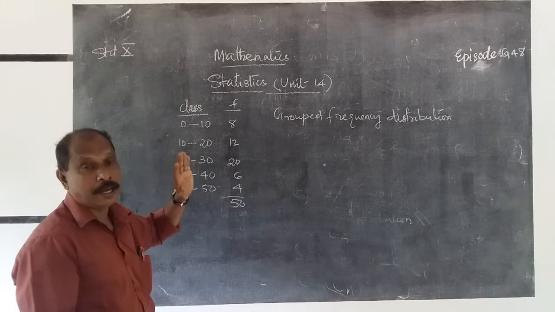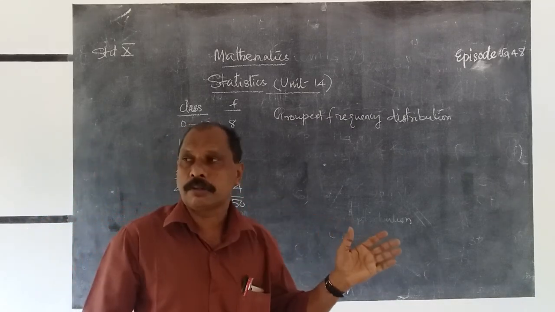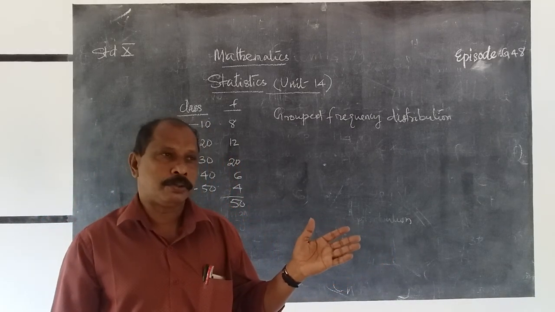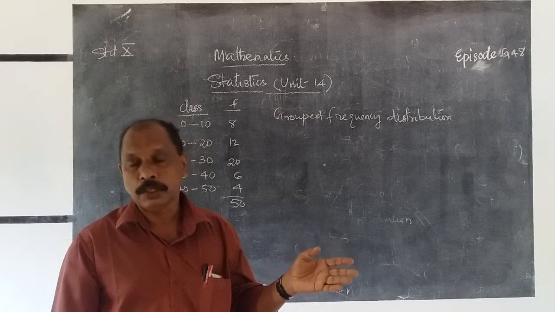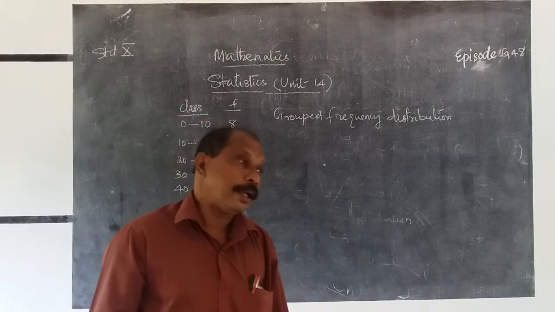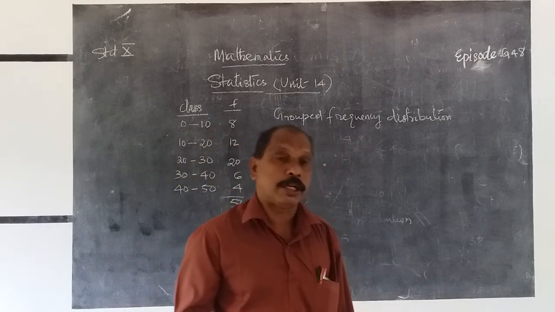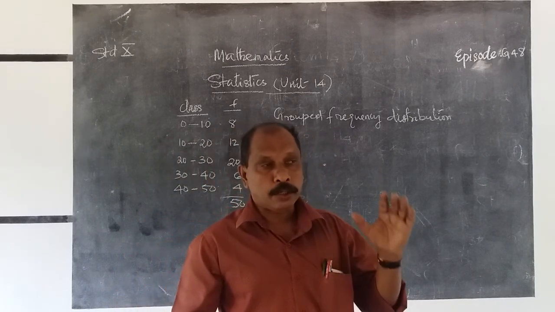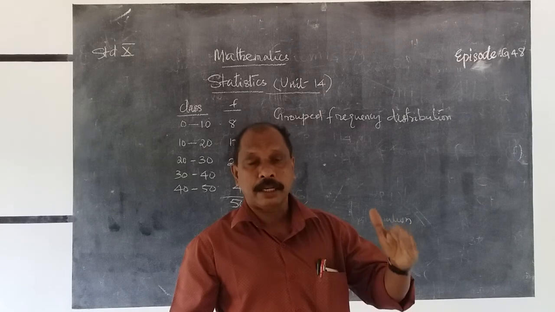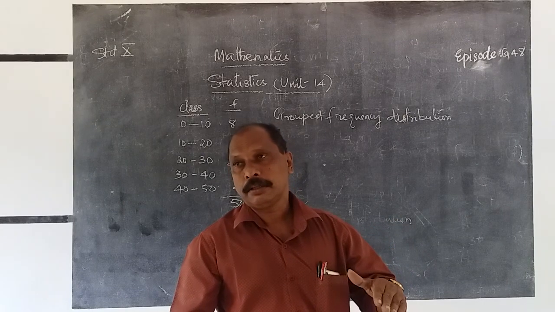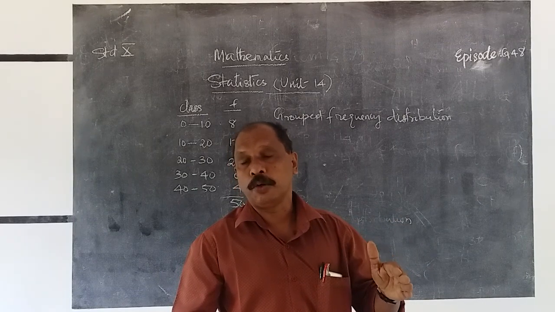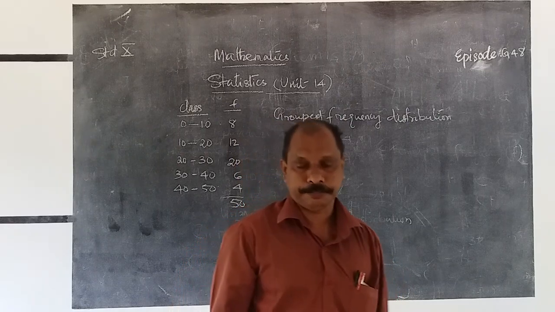There are 3 types of values. One is an individual group, where we take all the numerical values. If any item is repeated more number of times, that repetition is known as frequency. Then a group with the values and their frequency is known as an ungrouped frequency distribution.